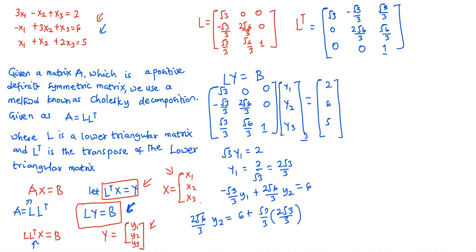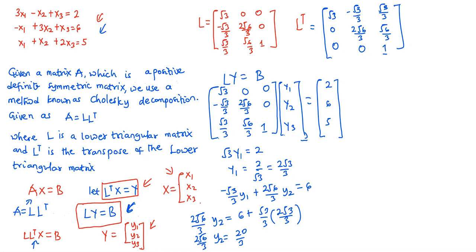Let's simplify the right hand side. We have 6 plus root 3 on 3 multiplying 2 root 3 over 3, which gives us 20 on 3.